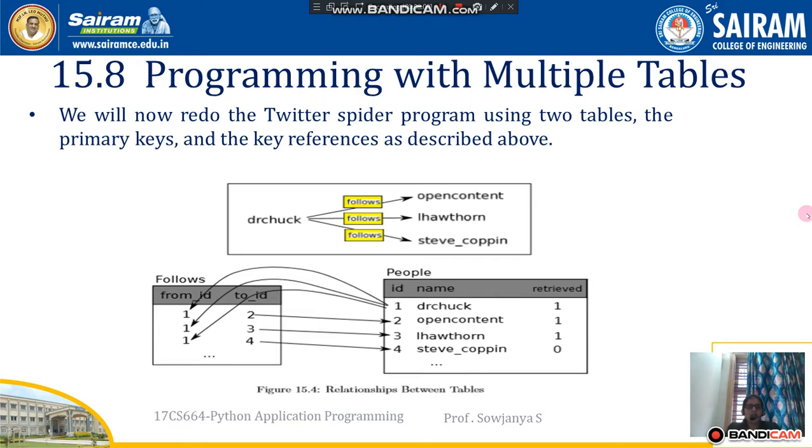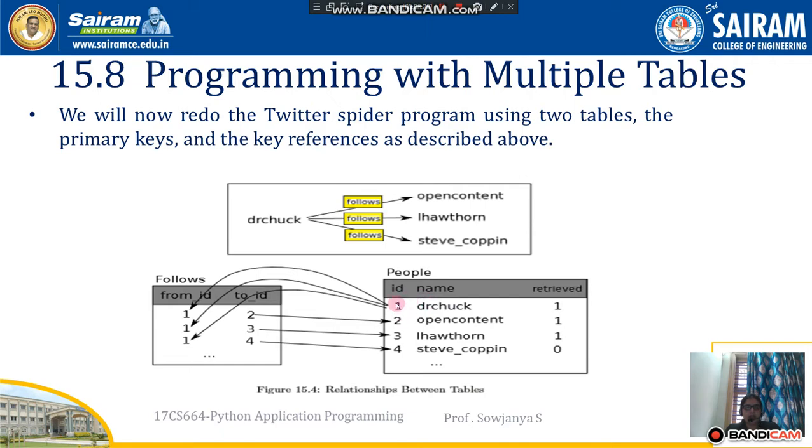Okay, so the next topic is how we can program with multiple tables. Here we redo the Twitter spider program using two tables, the primary keys and the key references as described above. We can see the multiple tables here and the relationship between them.